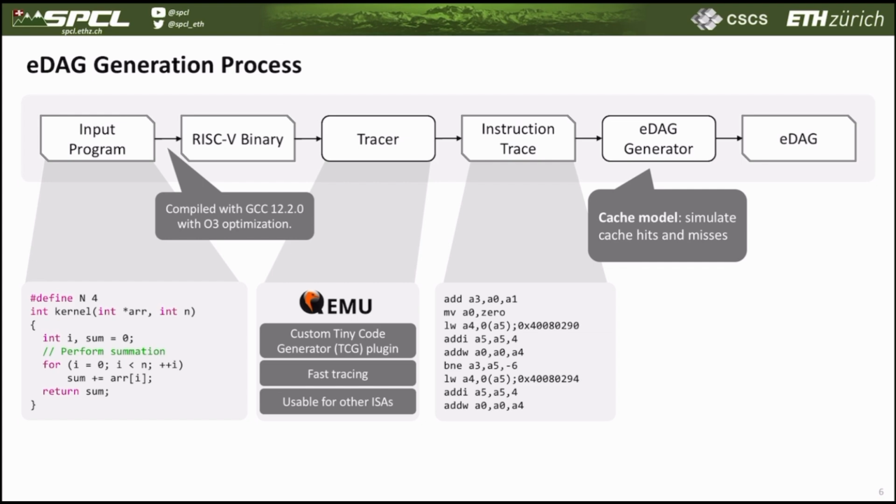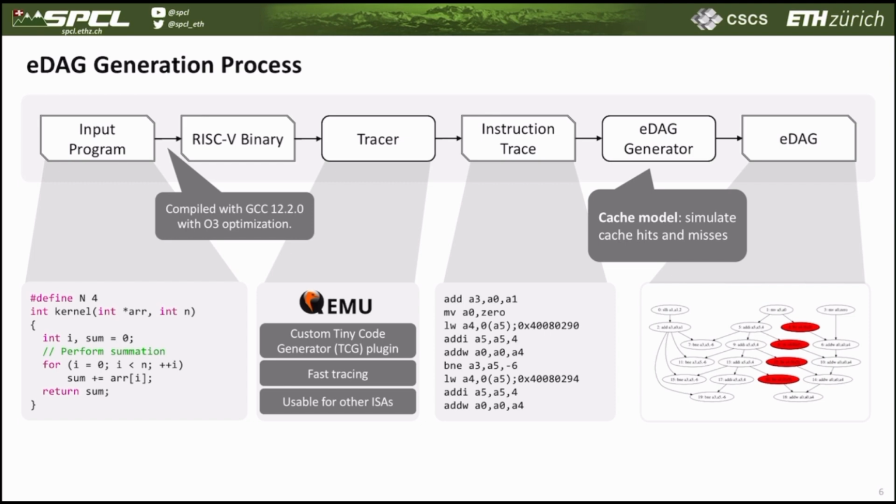We also need a cache model because we need to decide which accesses in our trace actually go to the cache, because then they are not sensitive to memory latency, and which accesses actually go to memory. So here you can see we have drawn such an EDAG, and all the nodes, or all the accesses, that go to memory are colored in red.